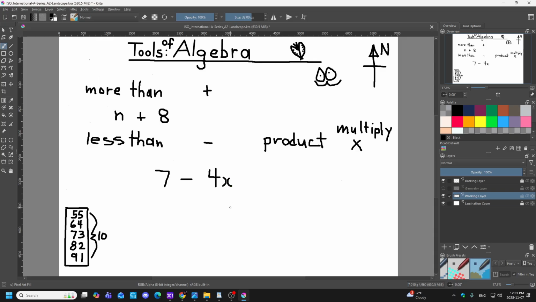It almost seems a little bit confusing, but just recall, less than is subtract, product of a number. They give you the number x, so they basically gave us the variable, and there we have it. Okay, let's do another.